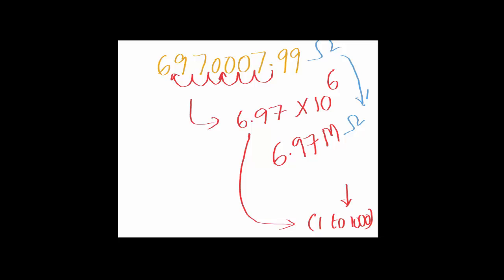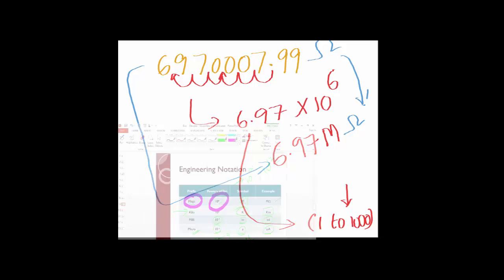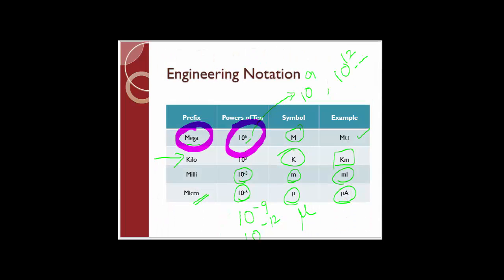Instead of saying 697,000.99, I'm going to say 6.97 mega ohms. That's very short and very easy to enter in the calculator. Later on we will see how to approach the calculator using engineering or scientific notation, and it saves a lot of analysis time if you're performing any mathematical operations. So that's what engineering notation is.